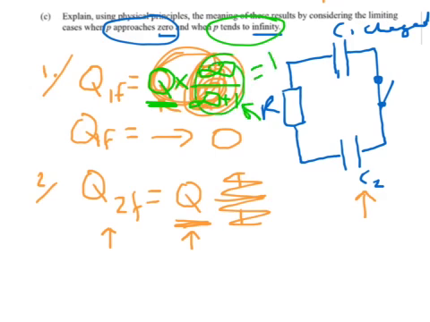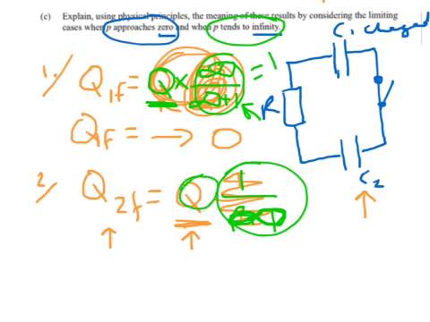For this one, it was 1 over p plus 1. So the bottom term is going to go to infinity, which means this is vanishingly small, which means you'll have the reverse in this case, where 0 charge is stored on C2. So pretty much all of the charge Q is stored on C1.